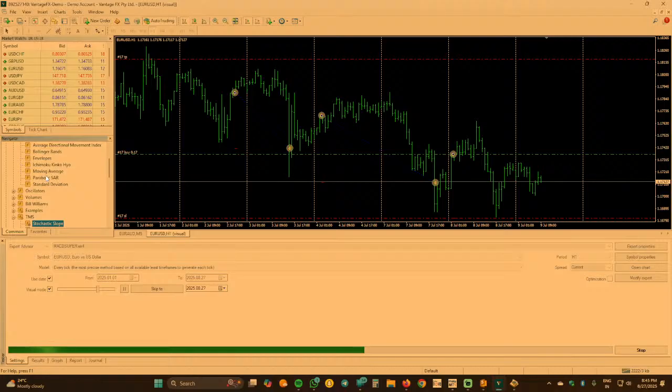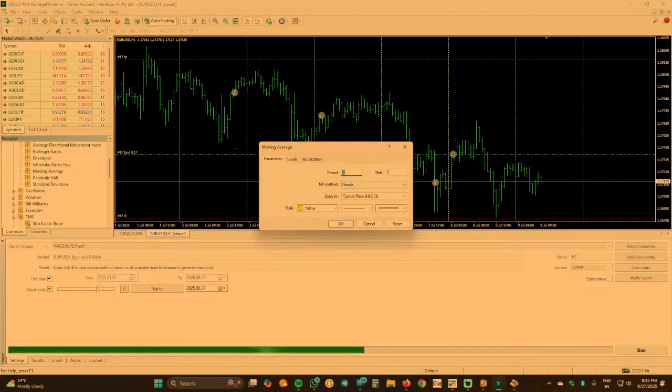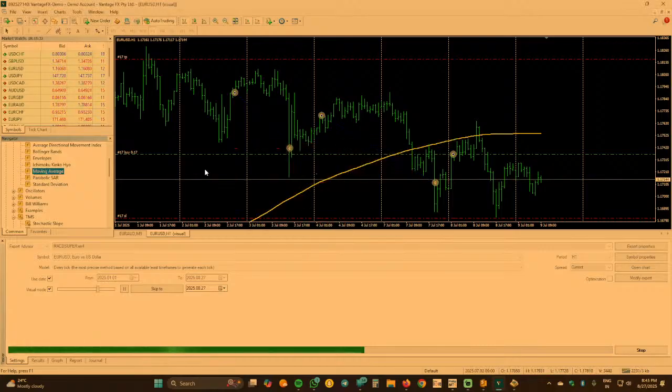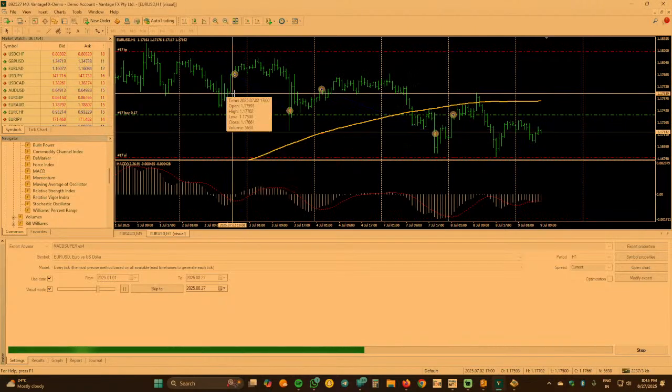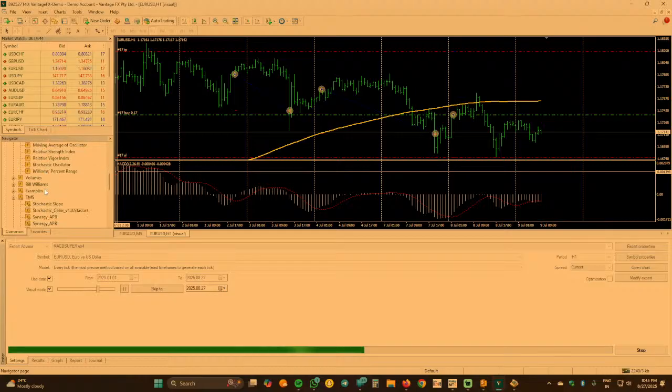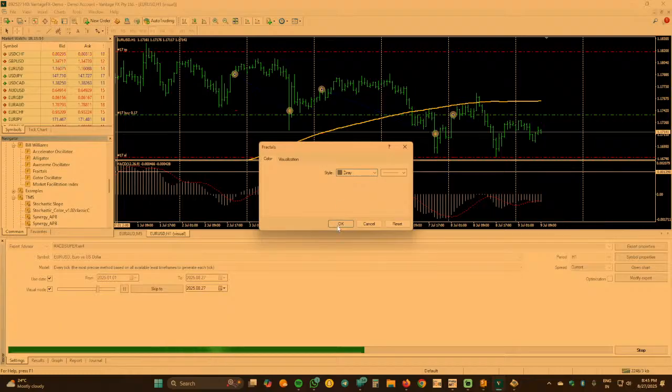For example, I need to install the moving average, 200, shift 0, at the close, and what else, MACD, and what else, fractals. Where do fractals come from? So it's Bill Williams, yes, fractals.